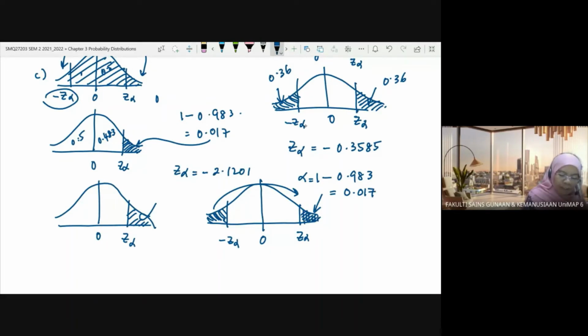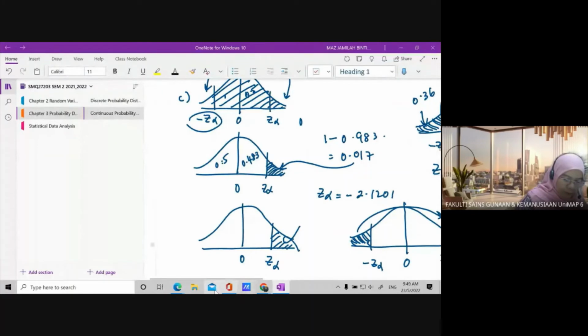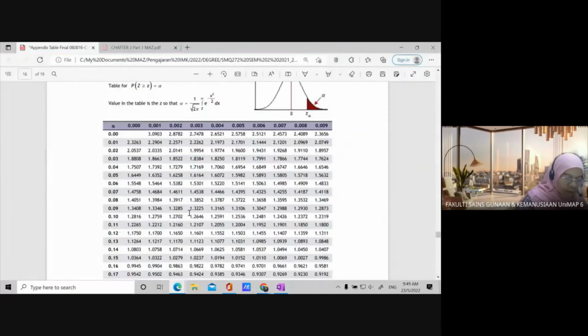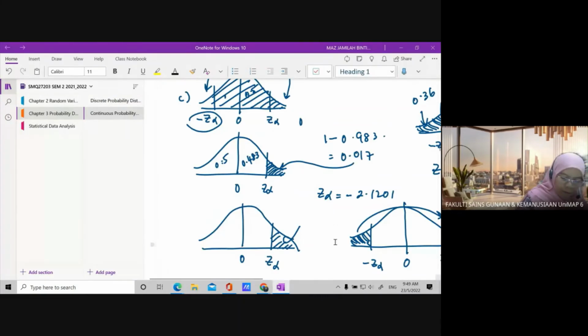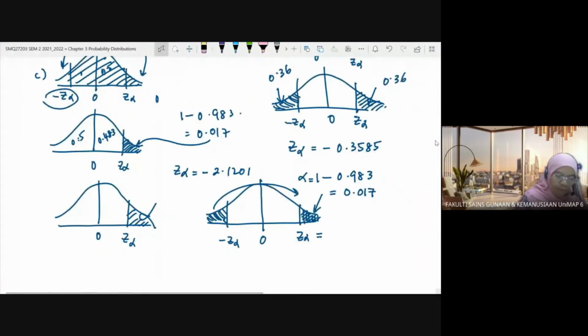So in this case, what is Z alpha positive? Looking from your table, 0.017, 0.01, look for 7 in the third decimal point. So this is the Z alpha value, 2.1201.